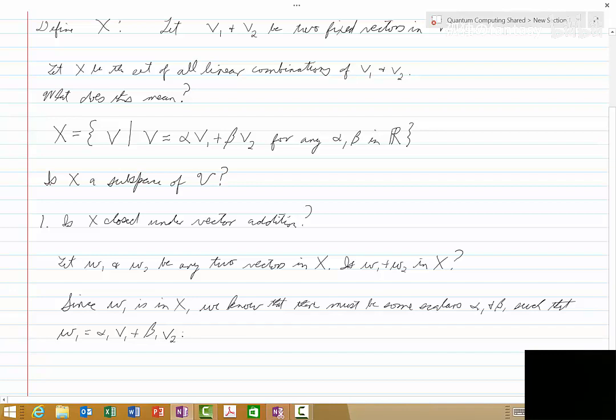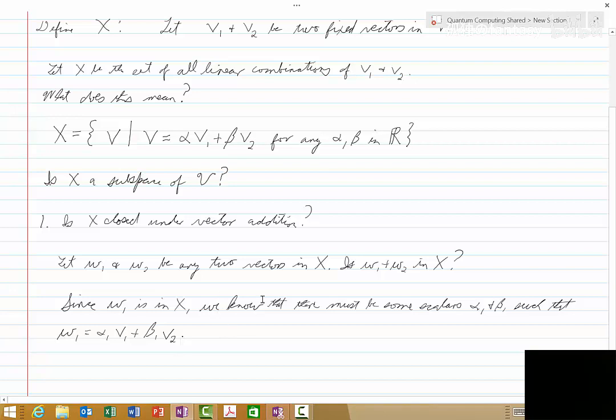Now, how do we know that? Well, remember, X is the set of all vectors that can be written in this form, alpha V1 plus beta V2, for any alpha and beta in R. So when we say that W1 is in X, that means that W1 can be written in this way, that there's some alpha and some beta such that W1 is equal to that alpha times V1 and that beta times V2.